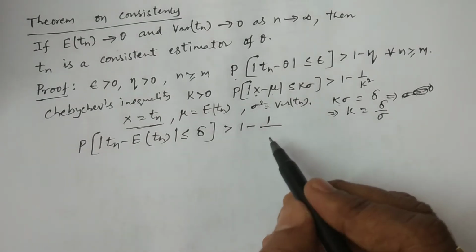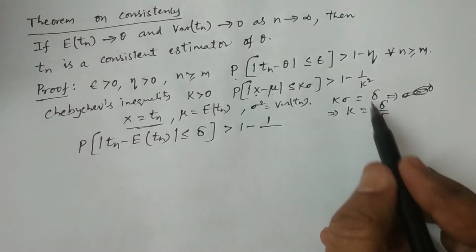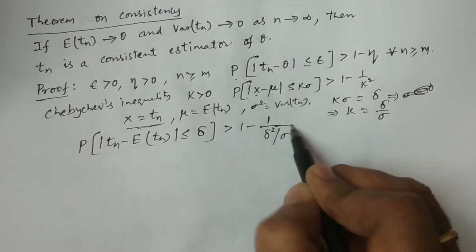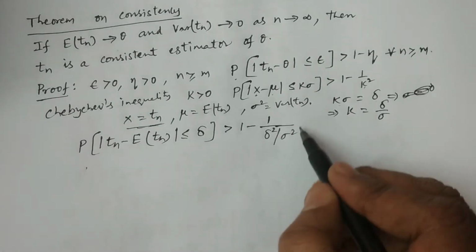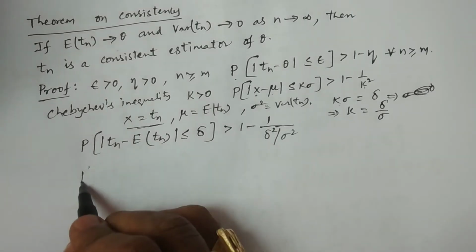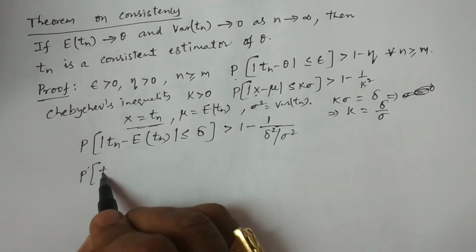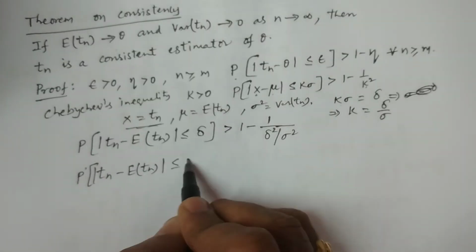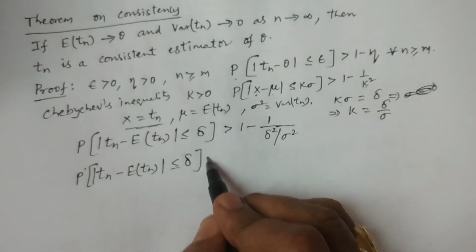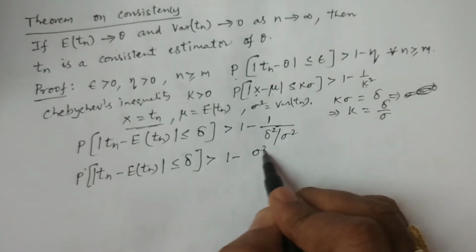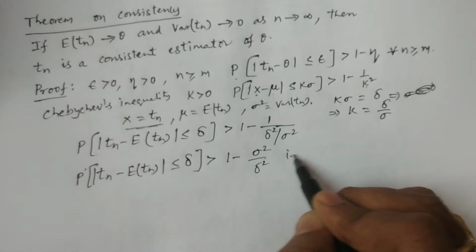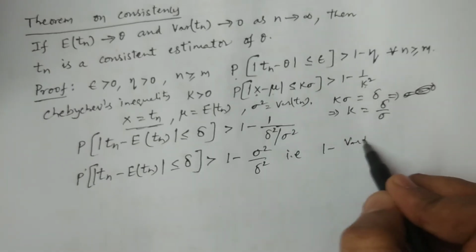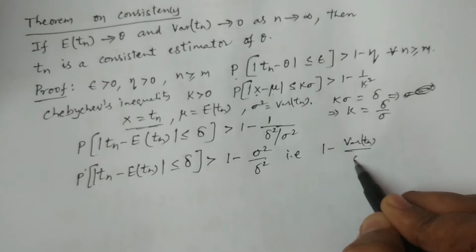Then 1 by k square is sigma square divided by delta square. So probability of modulus of Tn minus expectation of Tn less than or equal to delta is greater than 1 minus sigma square by delta square, that is 1 minus variance of Tn divided by delta square.